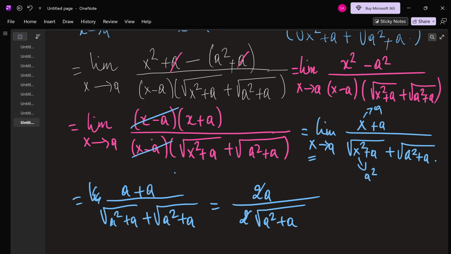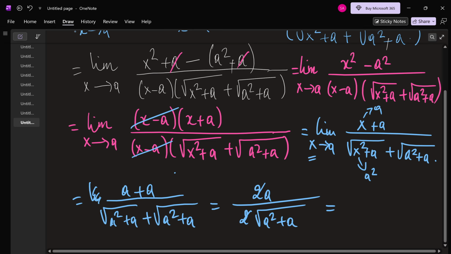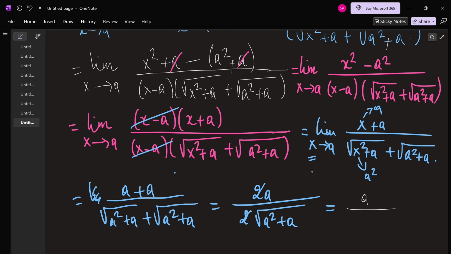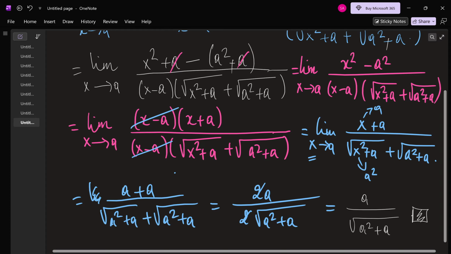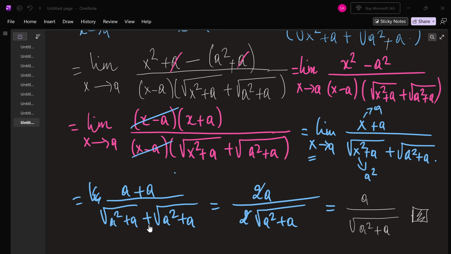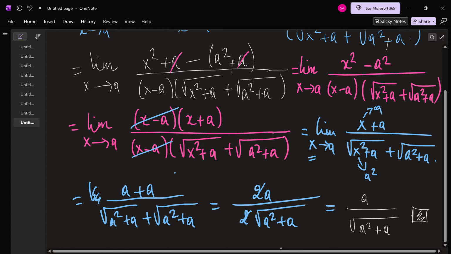We will simplify 2 by 2. What remains is a over the square root of a squared plus a. And this completes the answer. Do you have any questions now? I will continue to the next one.